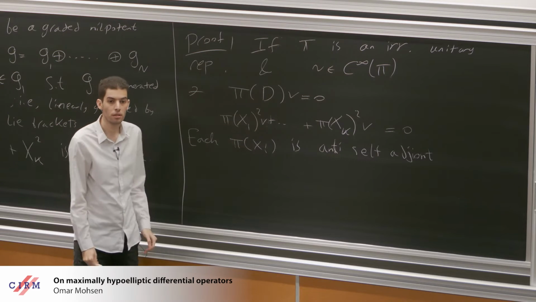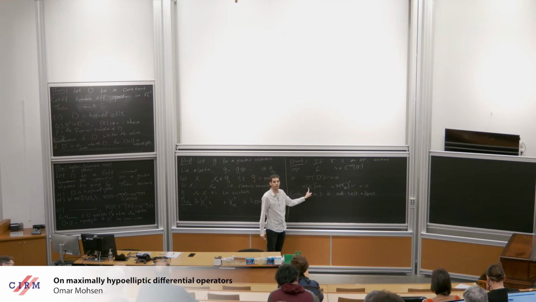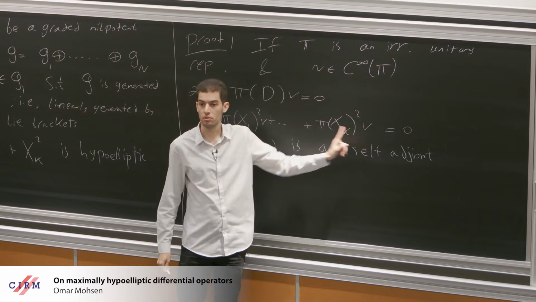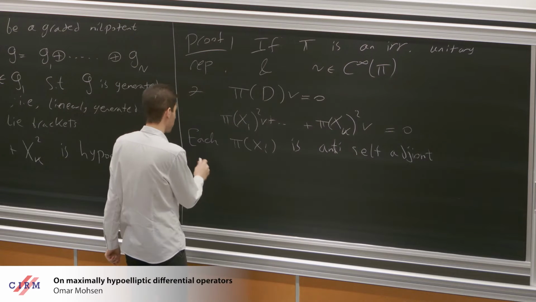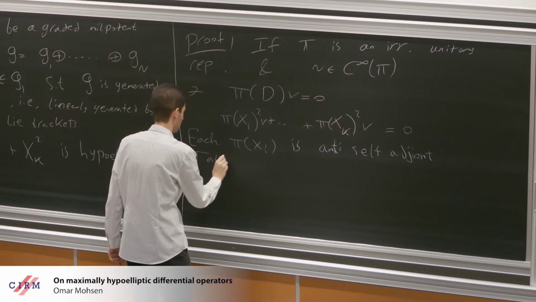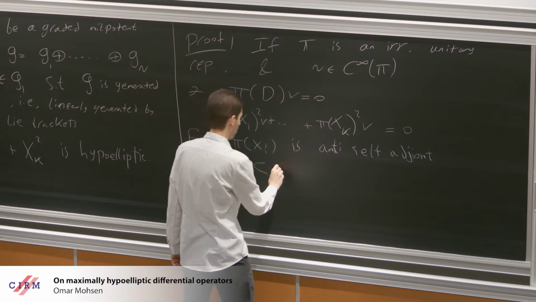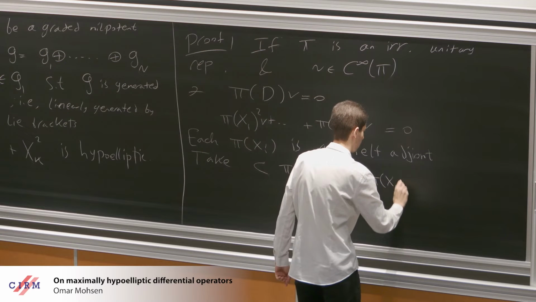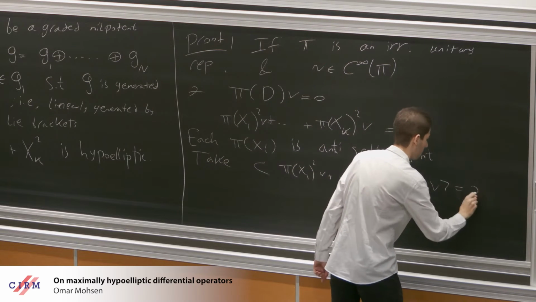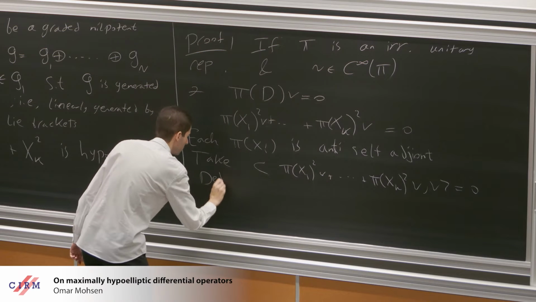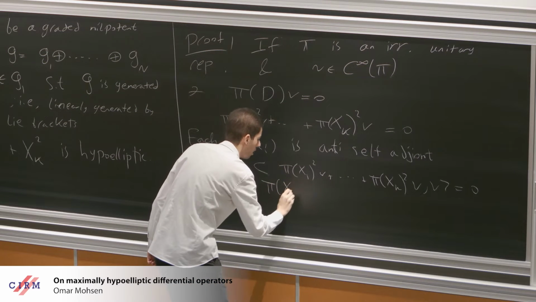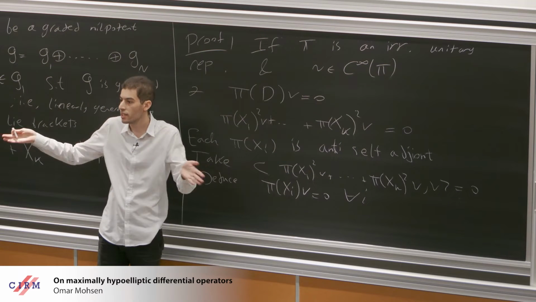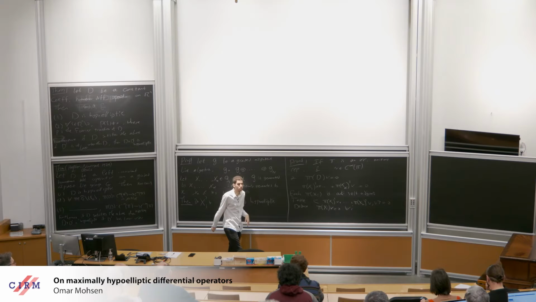So you get anti-self-adjoint, and so the square is a negative operator. So this is a sum of negative operators applied to v. You take the inner product with v, and so you deduce that pi of xi v is equal to 0 for all i. So you have a sum of negative elements, which gives you 0. So each one has to be 0.